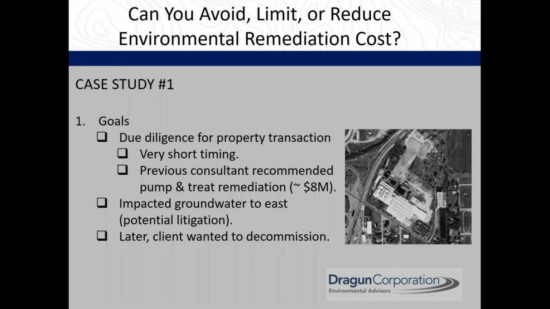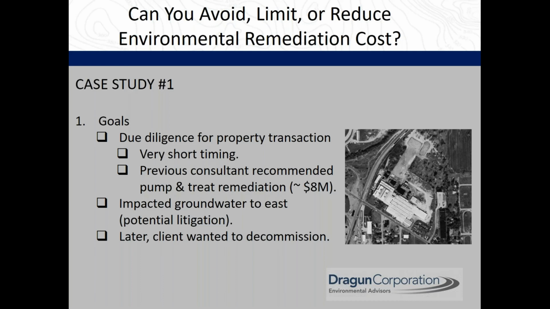So this is the first case study I'm going to talk about. We worked on this for a client for a number of years because that was the best way to go about it for them. So this was a property transaction where our client, which was an international company, bought this site that had TCE on it, and they had 5 years to prove what the costs were related to that TCE.